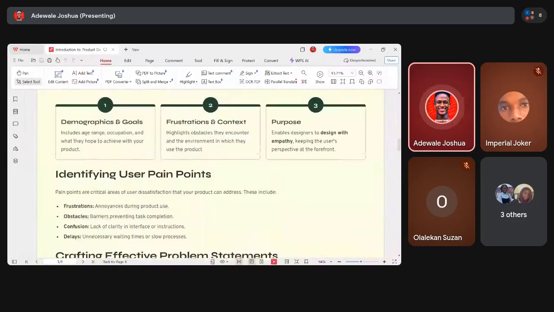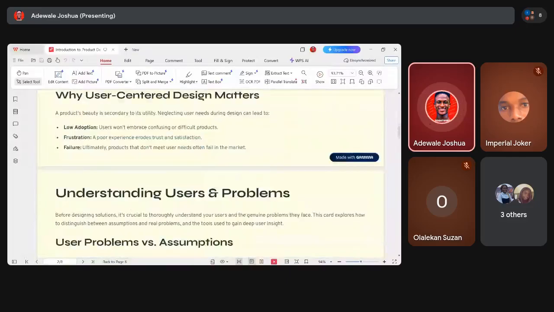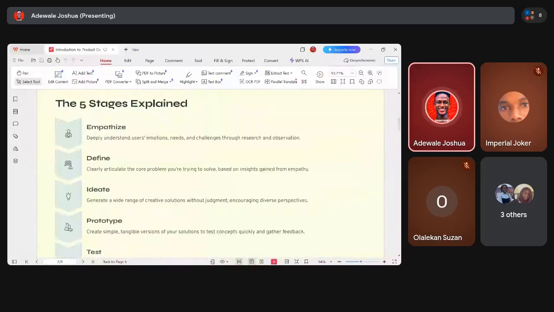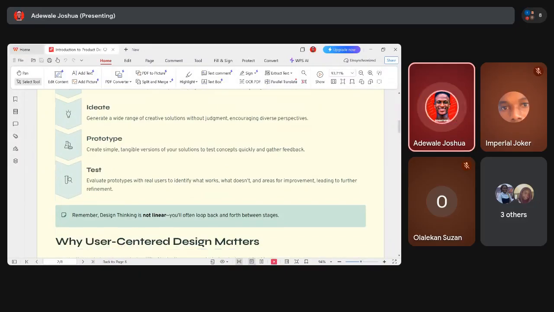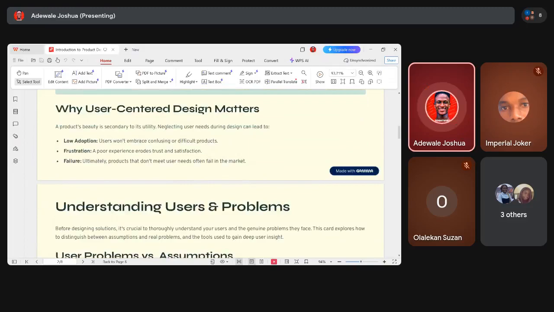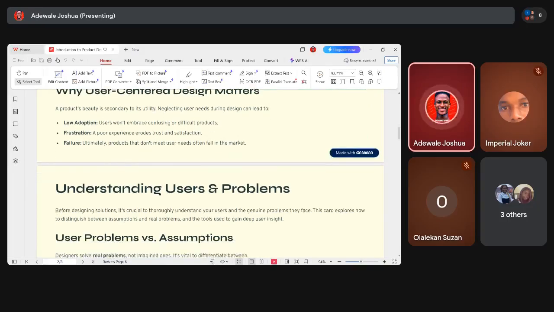You need to define. You need to work on your prototype, the part where you embrace diverse perspective and where you test your product. Then some of the problems you would encounter if you leave out your user research out of the whole project is low adoption, frustration, and failure.